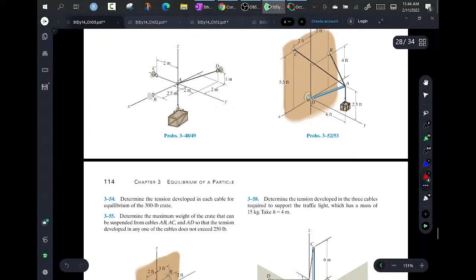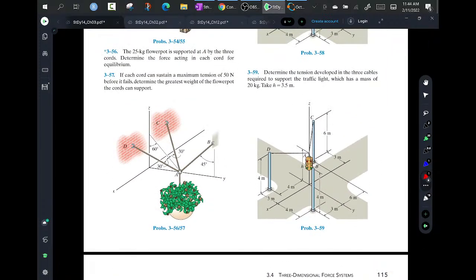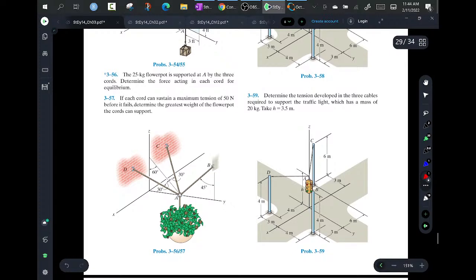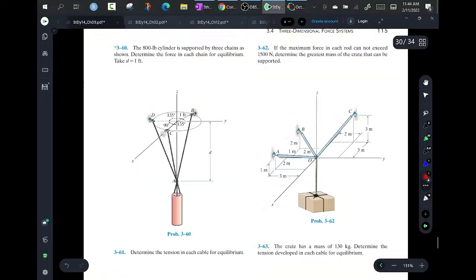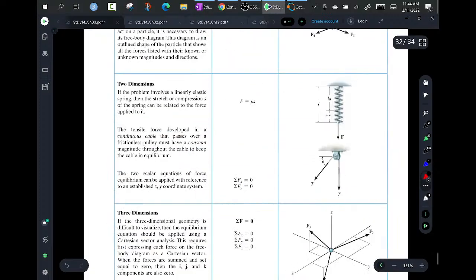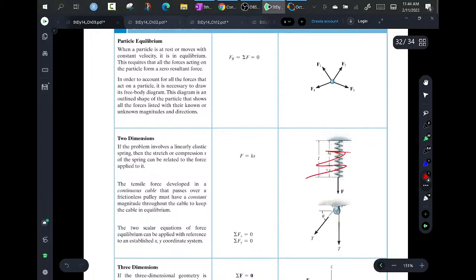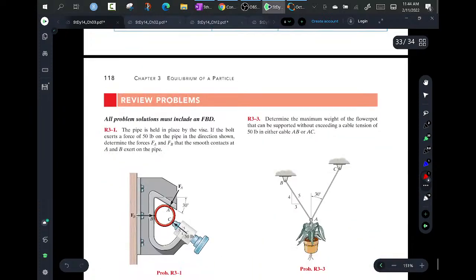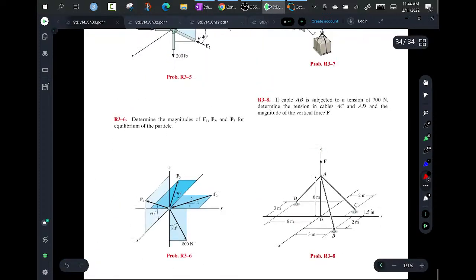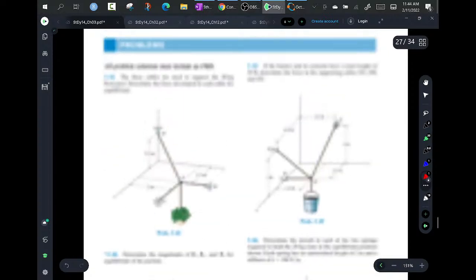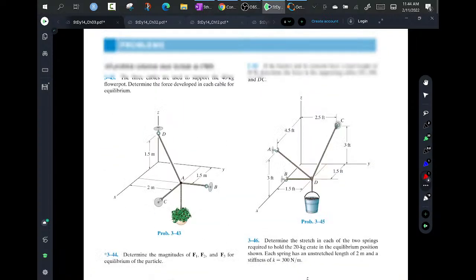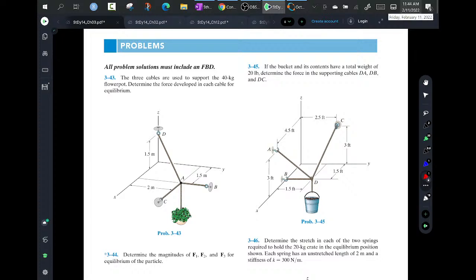Let me spin forward. Well, I like that one too. Maybe I'll postpone that until Wednesday. Maybe I'll do a couple of these on Wednesday. And I guess I really should do a spring one, just to let you know how annoying they are. Oh, and that's the end of the chapter. So I'll do those on Monday. Maybe on Wednesday I'll do a spring one, and we'll jump into the next chapter, which has to do with torque and moments. And so I hate to bail on you 6 minutes early.